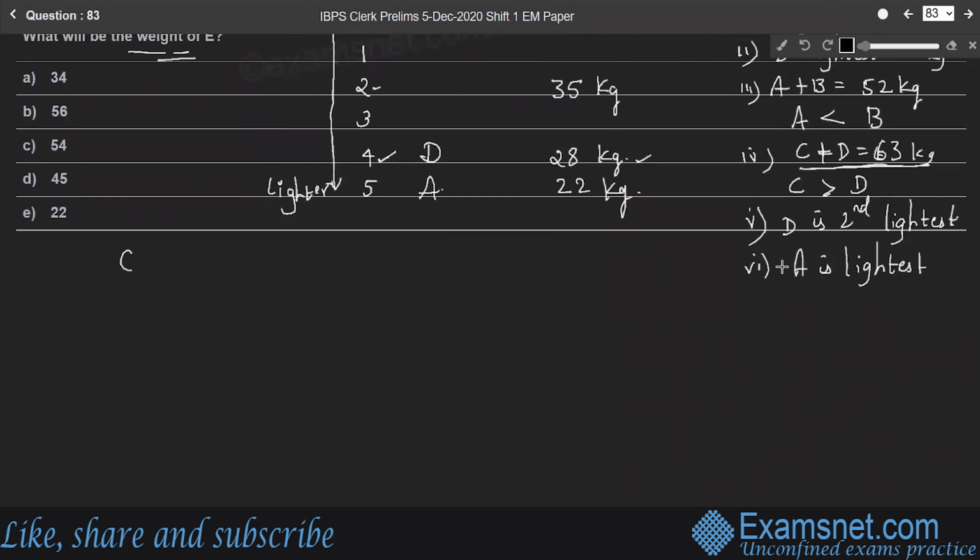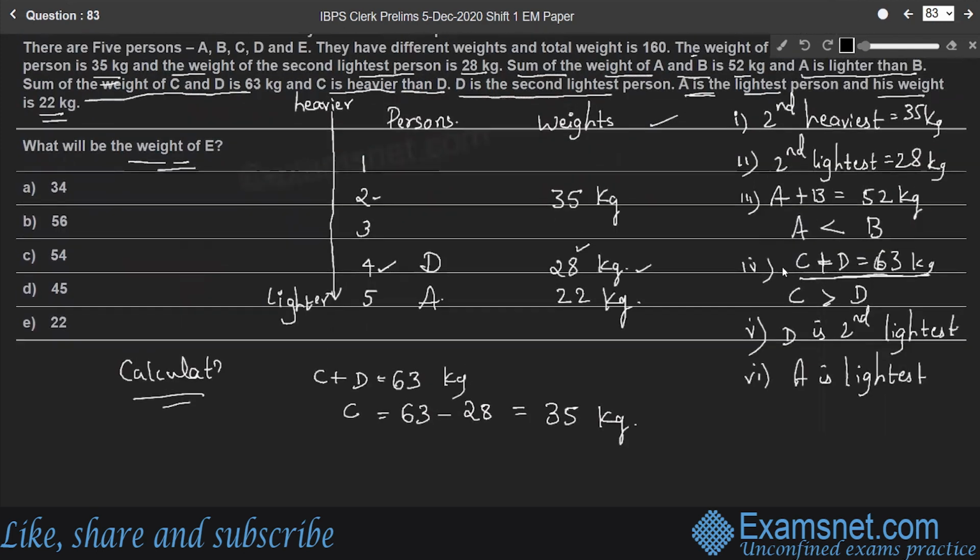So calculation part I'll write here. So C plus D is 63 kg. Weight of C is 63 minus D weighs 28 kg. That is 35 kgs. Right?